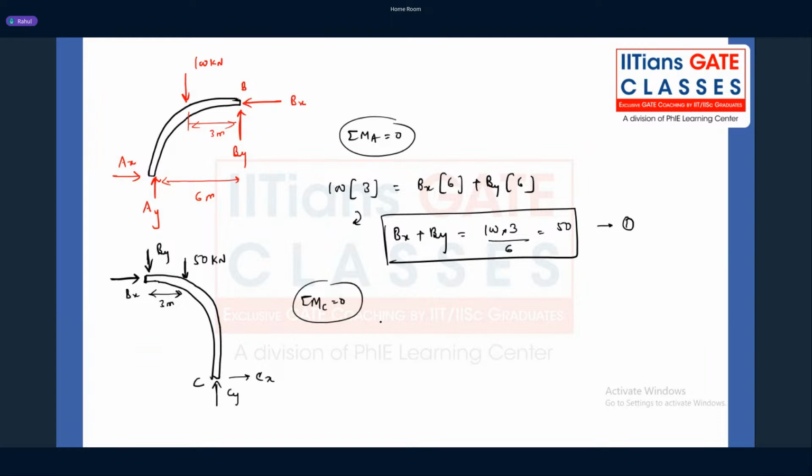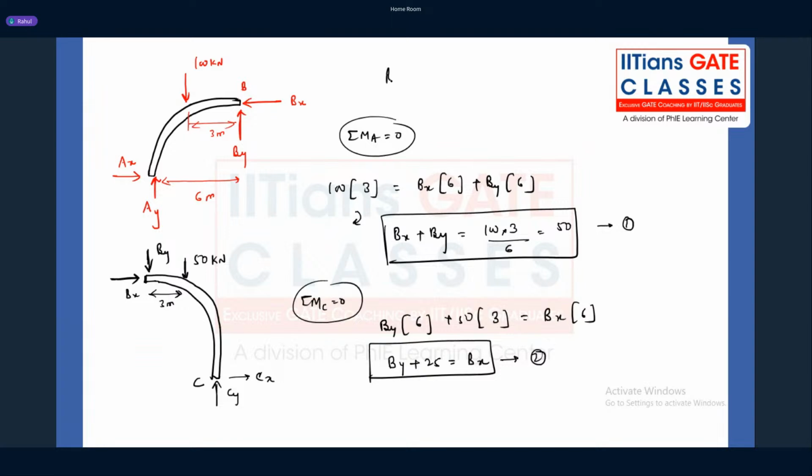By into 6 anti-clockwise, 50 into 3 anti-clockwise, should be equal to Bx into 6 clockwise. Anti-clockwise movement should equal clockwise movement. So By plus 25 is equal to Bx. This is the second equation.